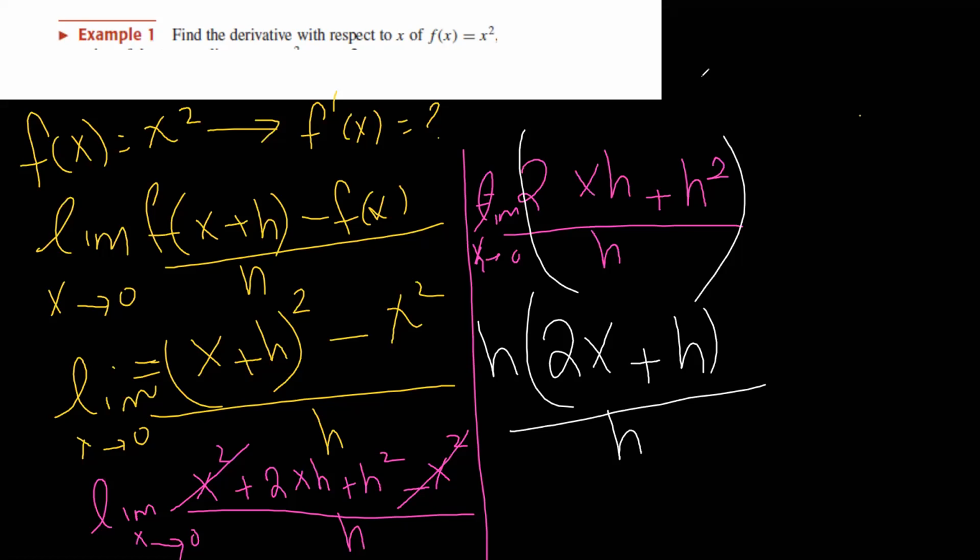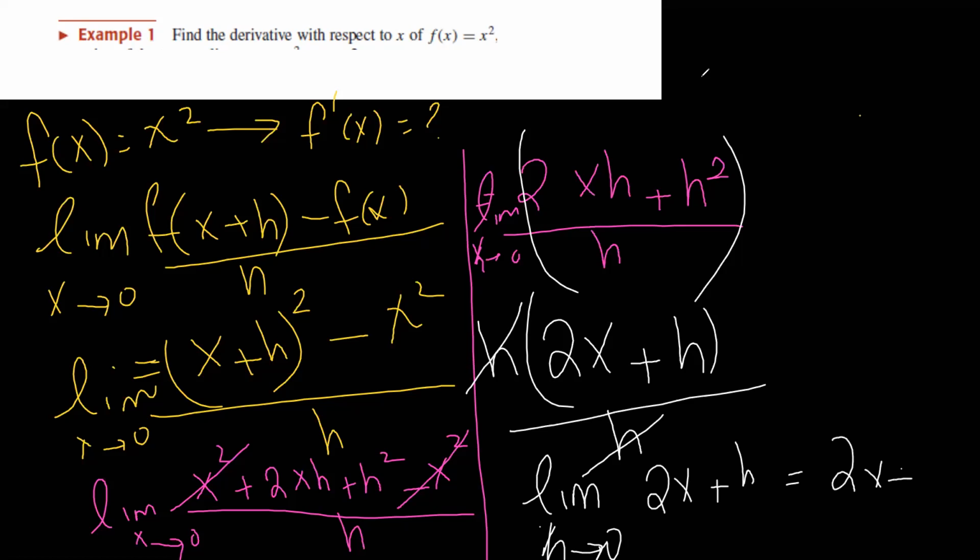Why do I take it as a common factor? To cancel it with the denominator. So now you will have the limit of 2x plus h when h approaches 0. Now if h approaches 0, what do I have? 2x plus what?